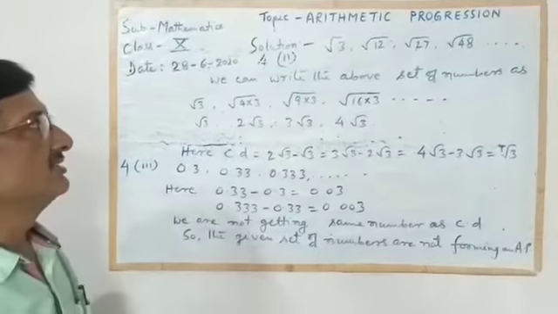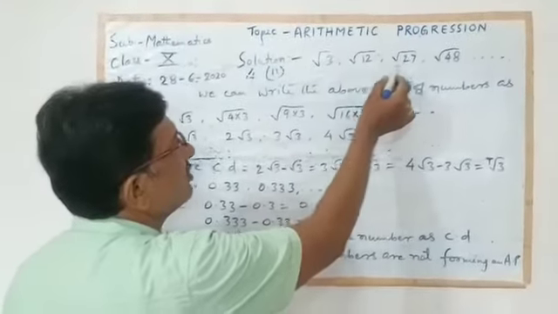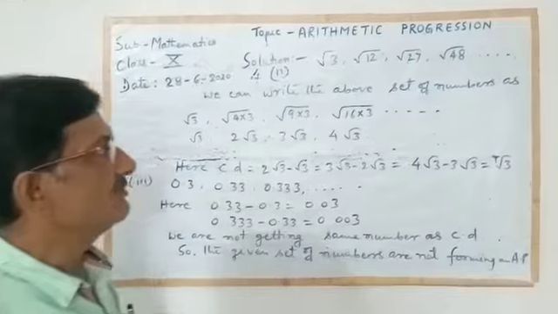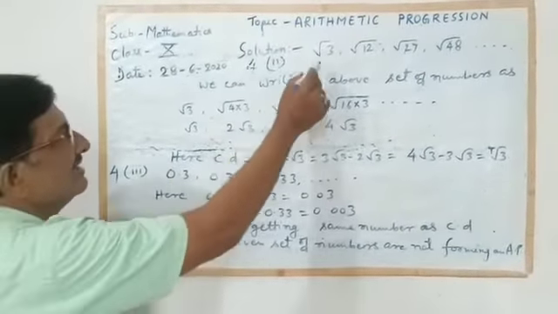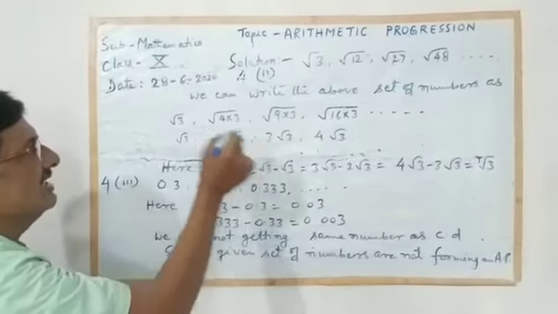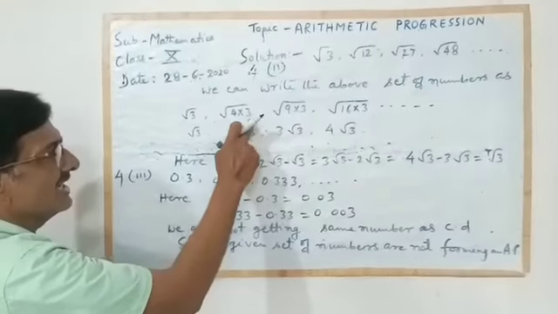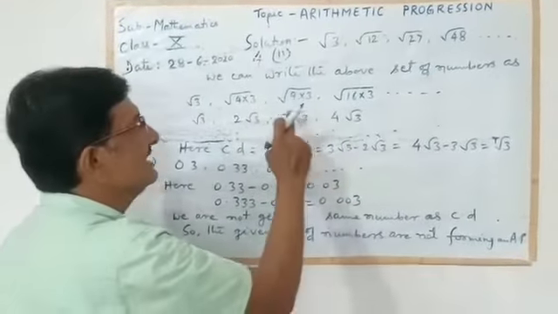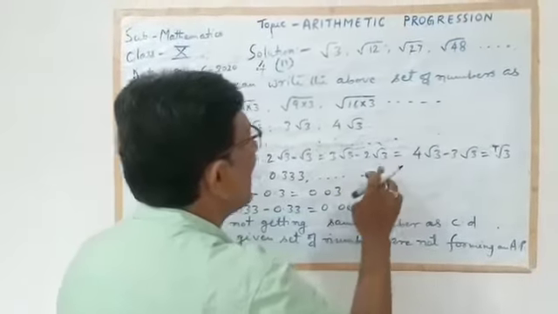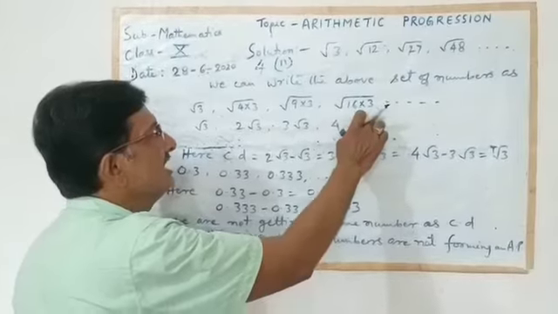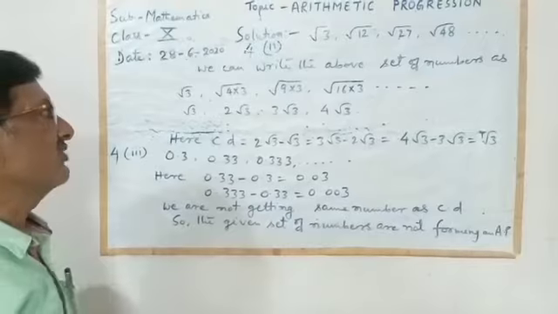In question number 4, part 2, the given set of numbers is root 3, root 12, root 27, root 48. We have to judge whether the given numbers are in AP or not. Here root 12 can be written as root 4 multiplied by 3, root 27 can be written as root 9 into 3, and root 48 can be written as root 16 into 3. Here 4, 9, 16 are perfect squares.